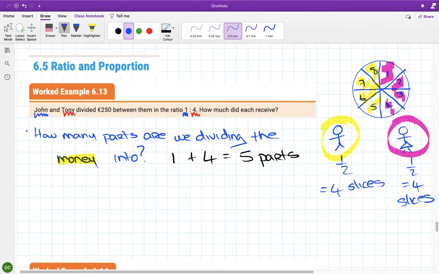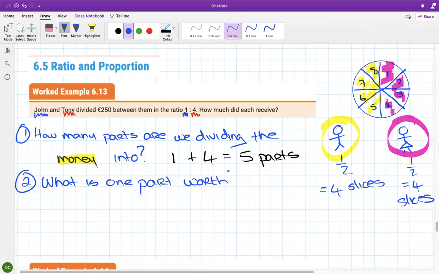The next thing you need to do is figure out what 1 part is worth. So 1 part might be worth, I don't know, €40 if it's money. 1 part might be worth 2 slices if it's pizza. Maybe you're dividing up a box of sweets and 1 part might be worth 3 sweets.